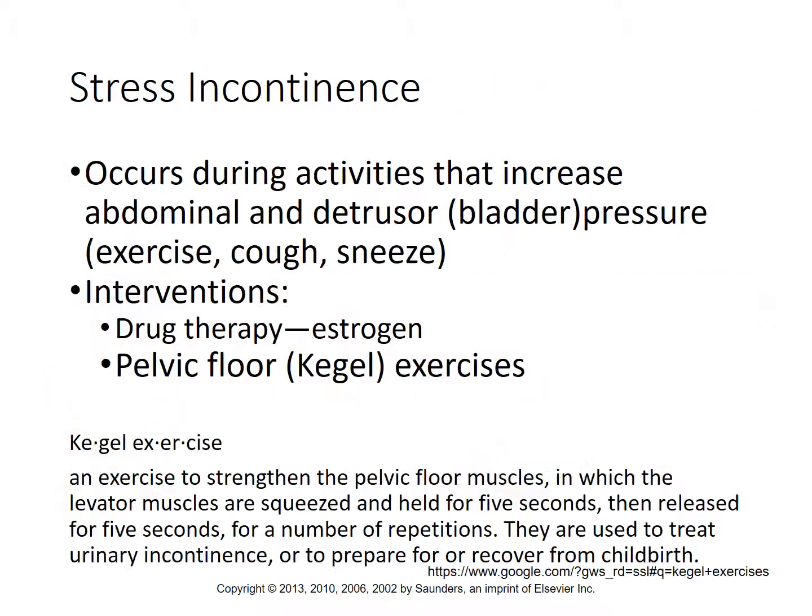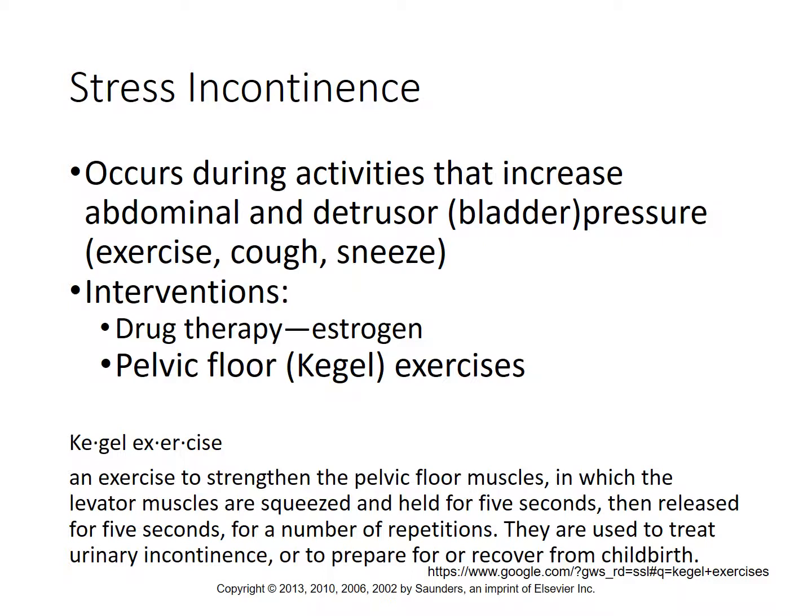First, stress incontinence occurs during activities that increase abdominal and detrusor pressure, like exercise, coughing, or sneezing. Interventions may include drugs like estrogen or teaching the client to do pelvic floor exercises, also known as Kegel exercises.